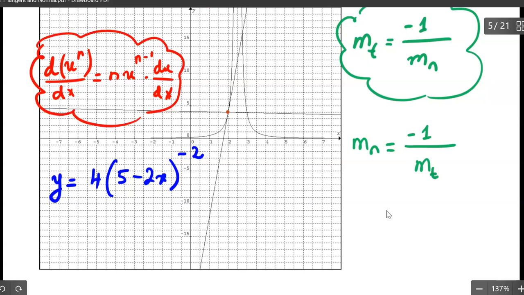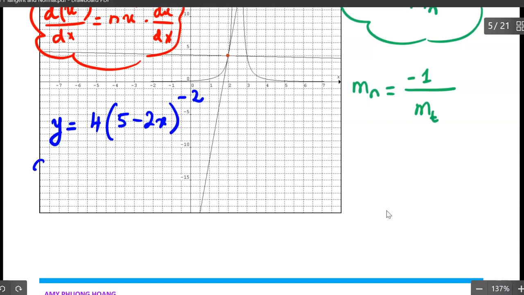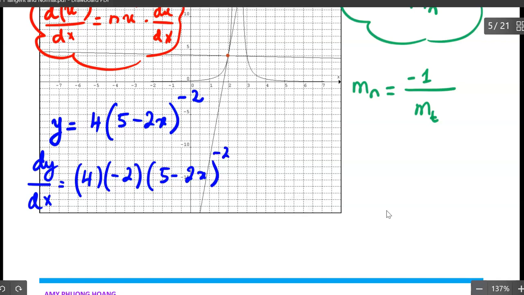So in this case, I will write dy over dx. dy over dx will be your slope, right? 4 times negative 2 will give me negative 8, but I will write 4 times (5 minus 2x) to the negative 2 minus 1. Now I have to multiply by du over dx.